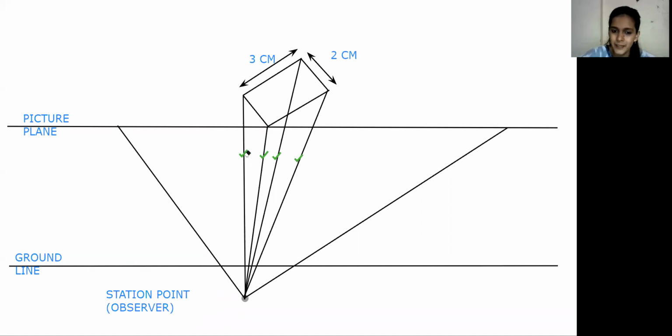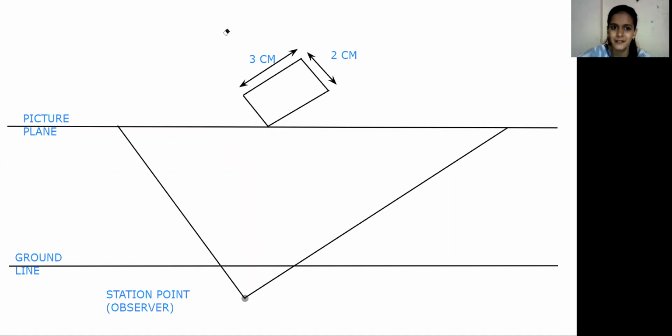Between the picture plane and ground line, you can erase it, but I need to draw it again. So if we erase the line between picture plane and ground line, then it will look like this.